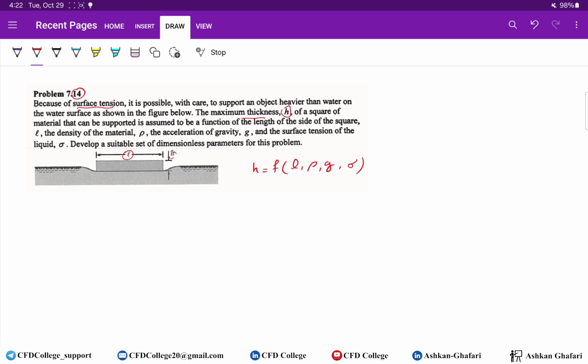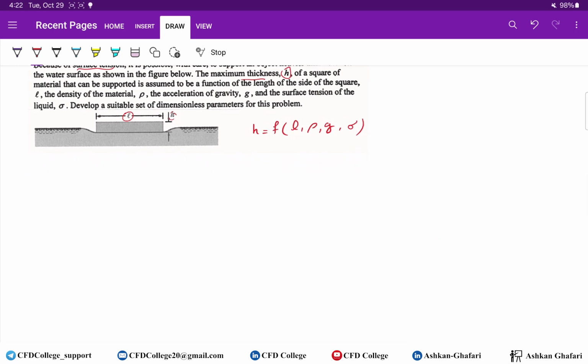Okay, so now you know how to deal with problems. The first step was to make a list. The first quantity is H, obviously, the quantity that we want to study. Length is L. The unit is L. The second one, L. The unit is L. The third one, rho, F T square over L to the power 4.